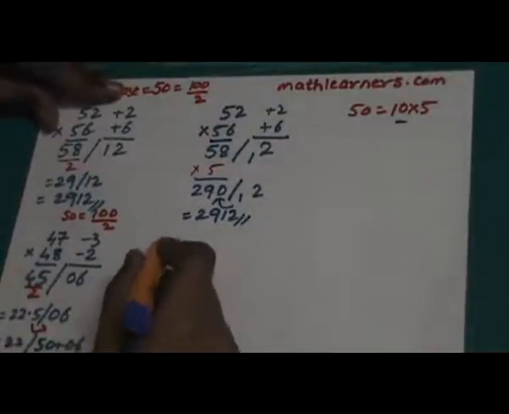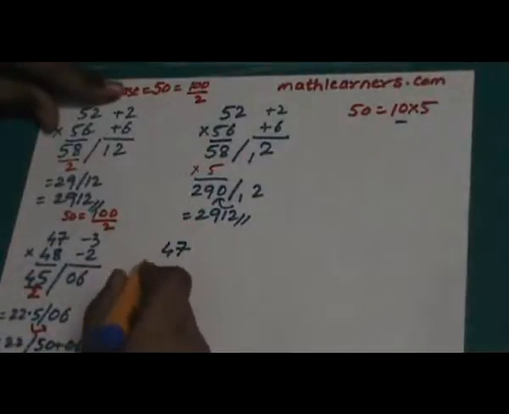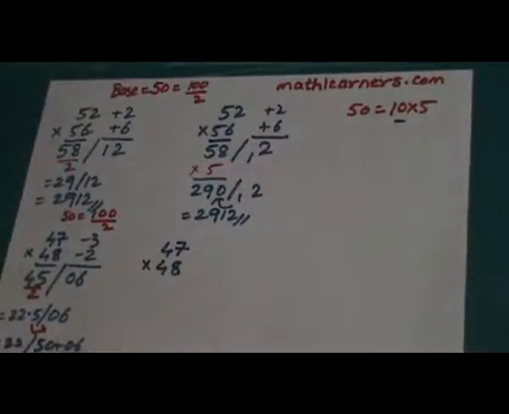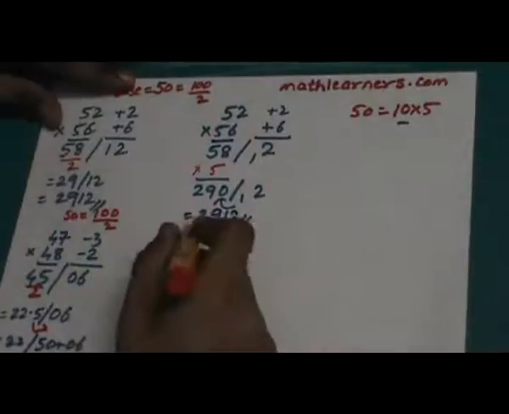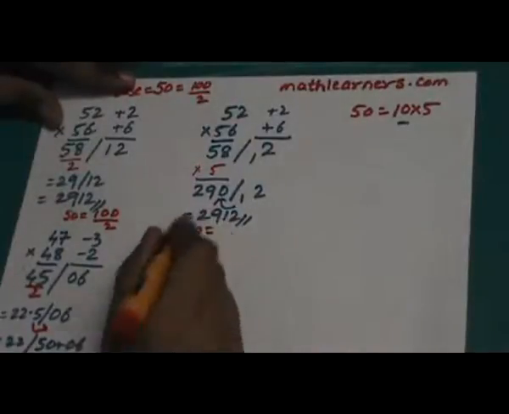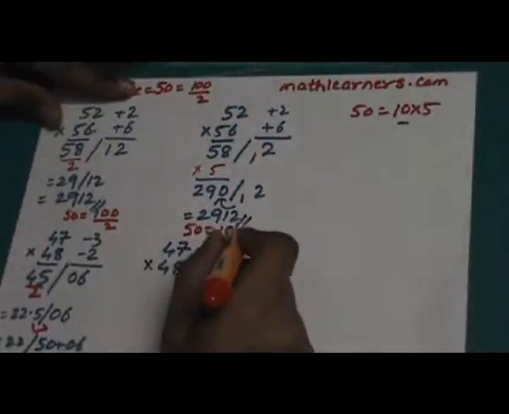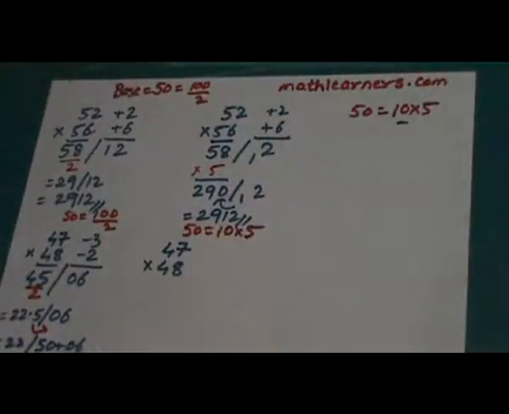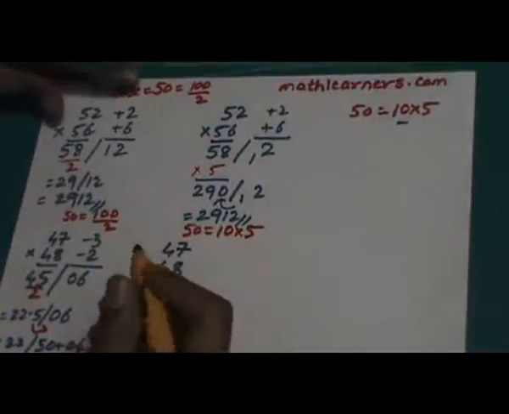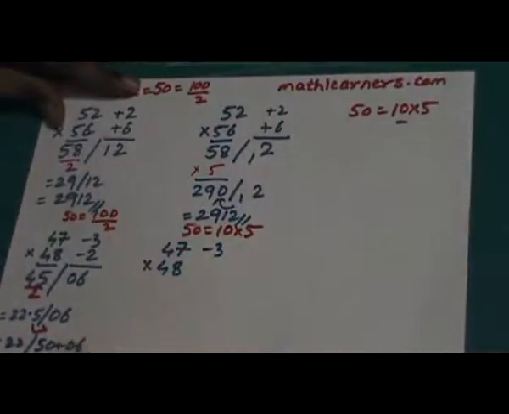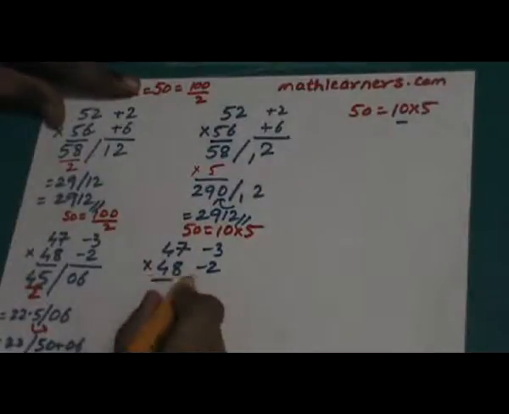Let's take same example, 47 multiplied by 48. Base will remain same, 50, and let's do by multiplication. 10 multiplied by 5. 47 is 3 less than 50, so minus 3. 48 is 2 less than 50, so minus 2.